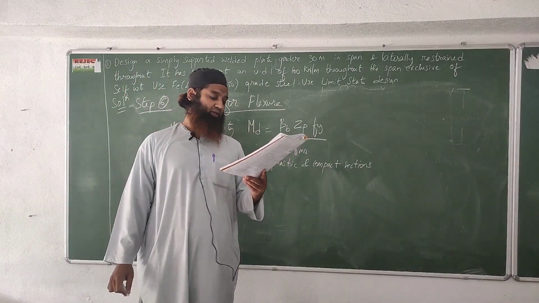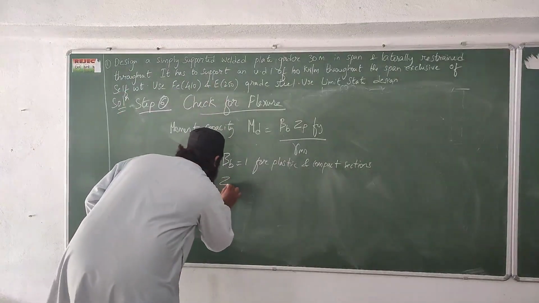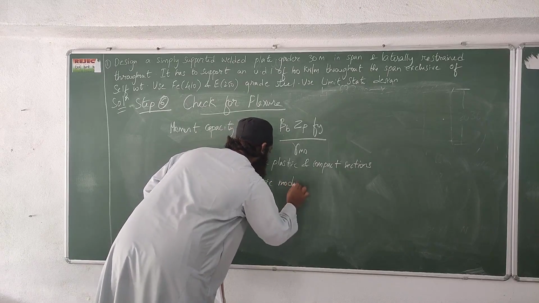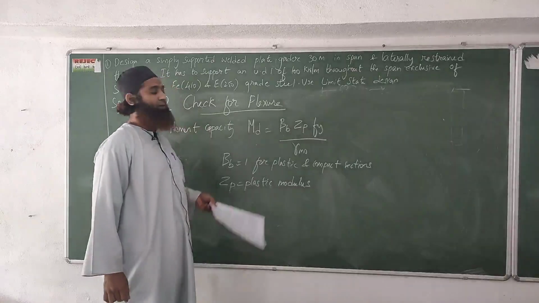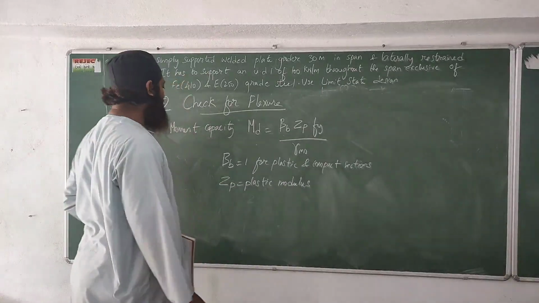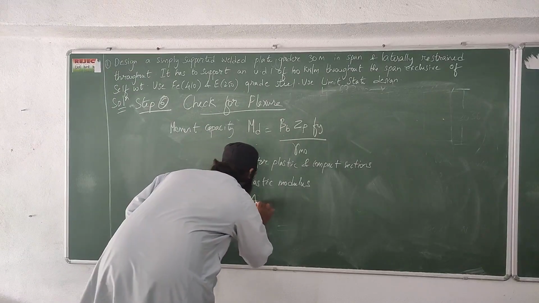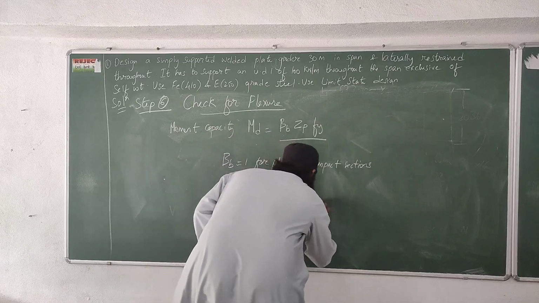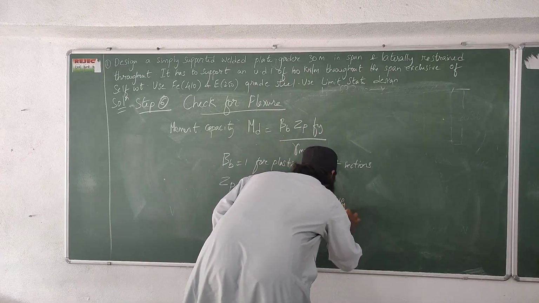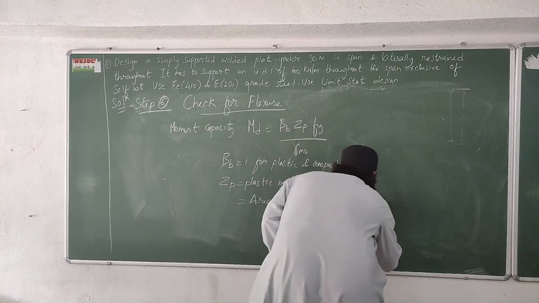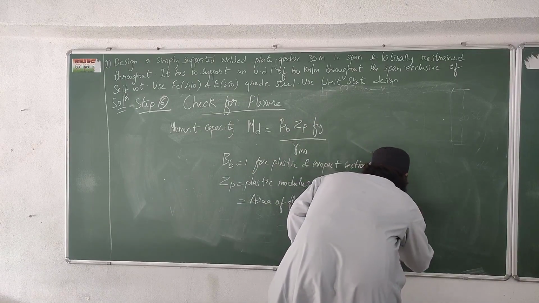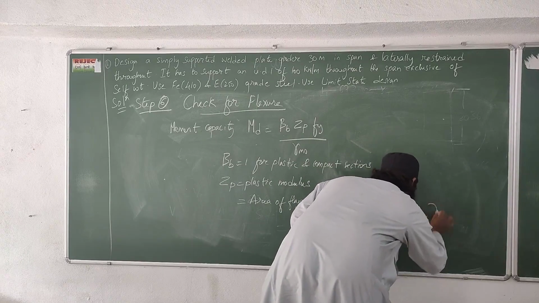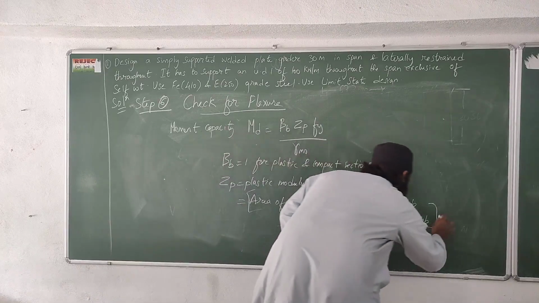Next you can see what is ZP. ZP is the plastic modulus, we'll have to find out. It is given by ZP is equal to area of the flange into CG of flange plus area of web into CG of web, into 2.